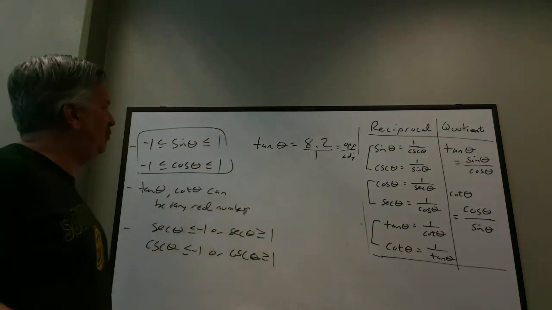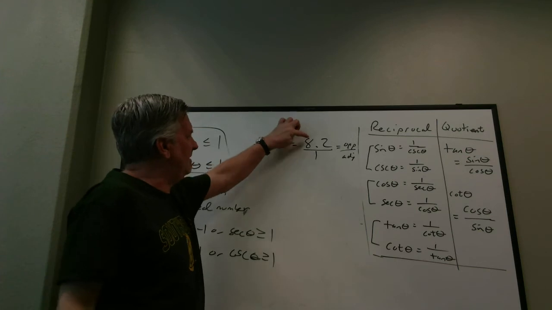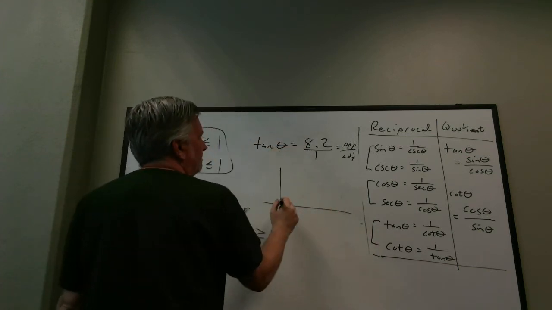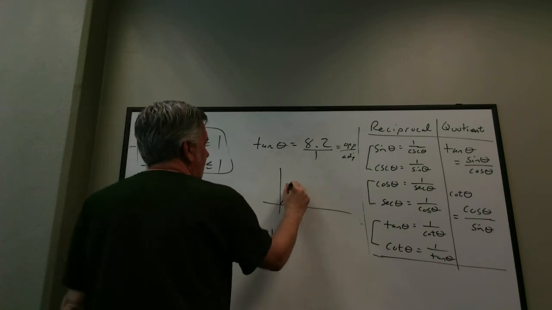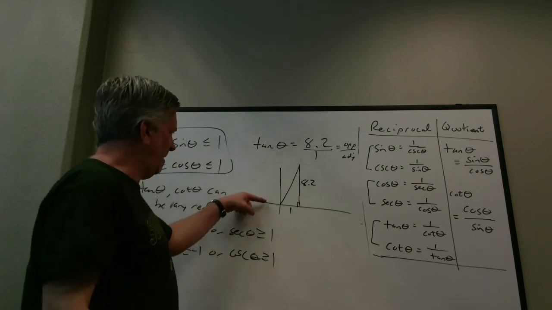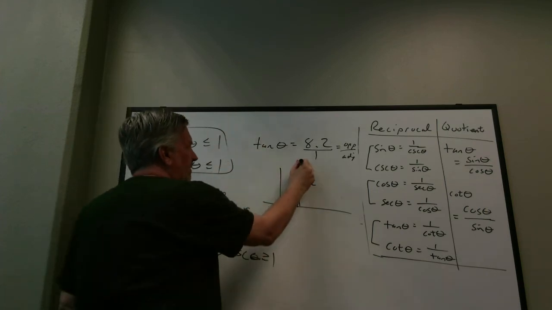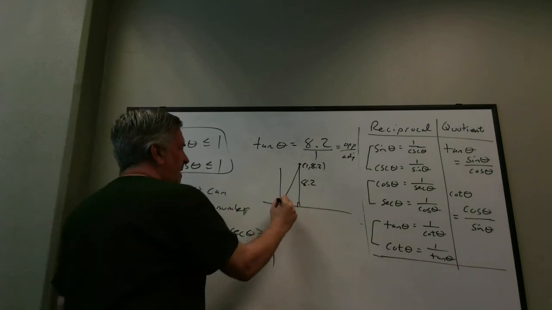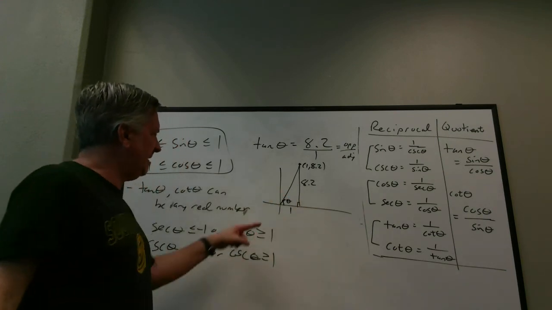So could you draw a triangle where the opposite side is 8.2 and the adjacent side is 1? Sure. Suppose I drew something like this. Make that length 8.2, make that be 1. You could draw that. That's the point 1, 8.2. No problem.